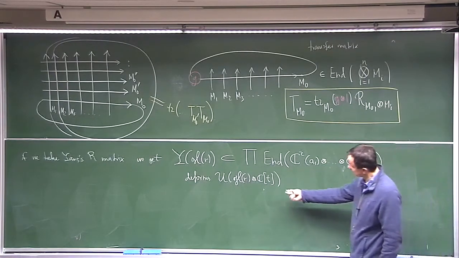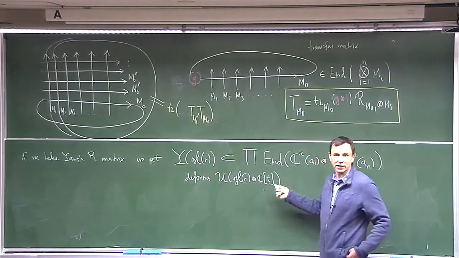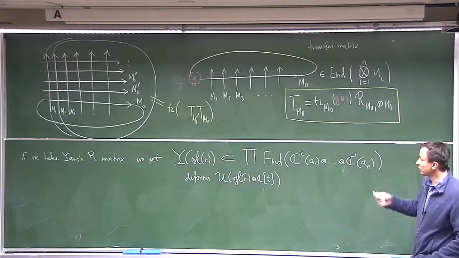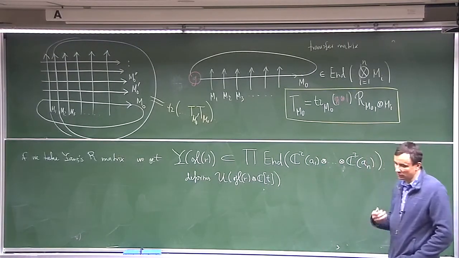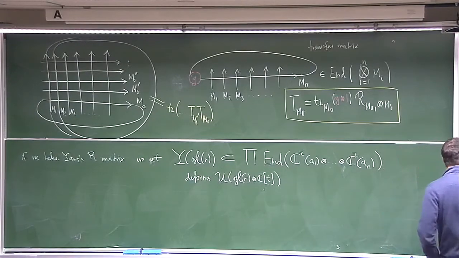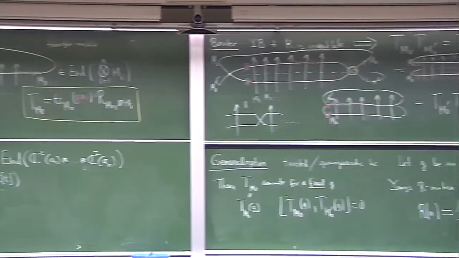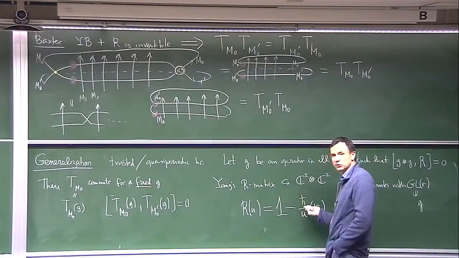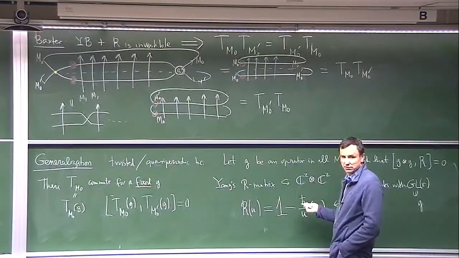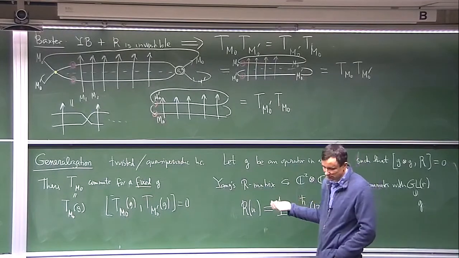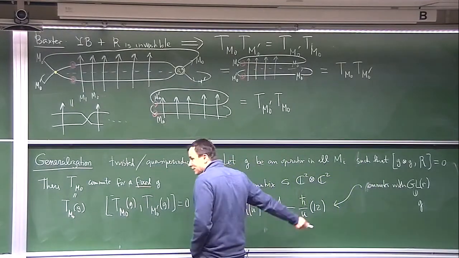Well, this is already what you have here. And then if you take your R matrix, its non-trivial matrix elements all vanish modulo H bar. And if H bar is 0, then this matrix is 1.